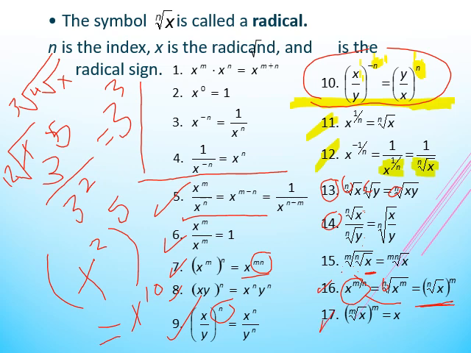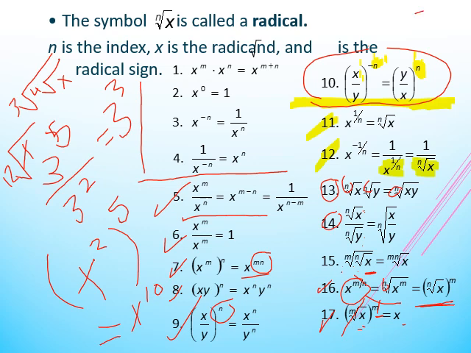Finally, the final rule for radicals, which is very important and can simplify many exercises for us, and we can use it in many solutions: if we have a radical index with the same power, they cancel each other and the base remains.